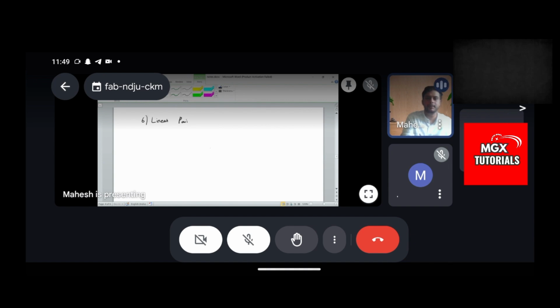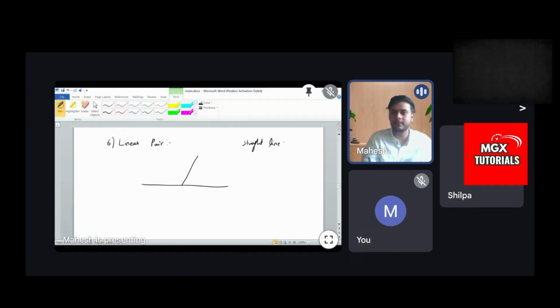Linear pair means here, if I have a straight line, and one angle goes like this, one line. This is a straight line. A straight line will always be how much angle? Correct, a straight line is equal to 180 degrees. If I add this angle plus this angle, it will be equal to 180.